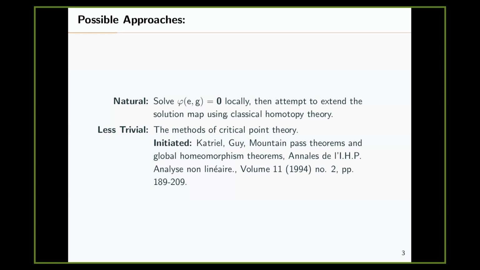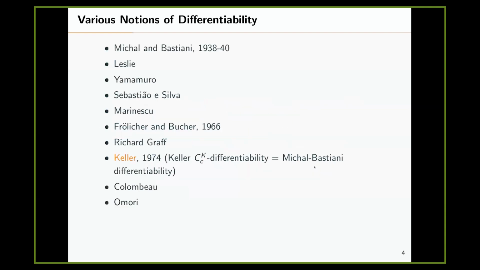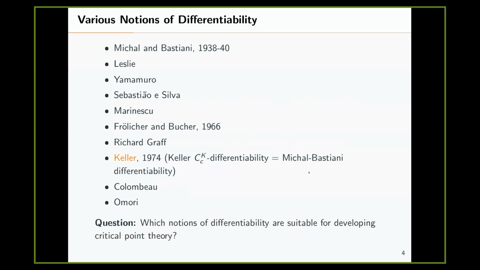As we will use critical point theory, our first concern is to choose the right notion of differentiability. There are various notions of differentiability in locally convex spaces. Among them, the right one would be what is known today as Keller C sub S^k differentiability.